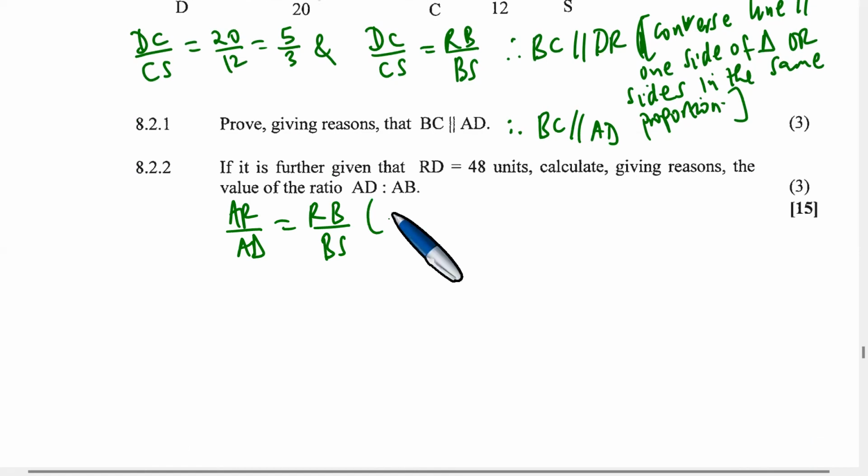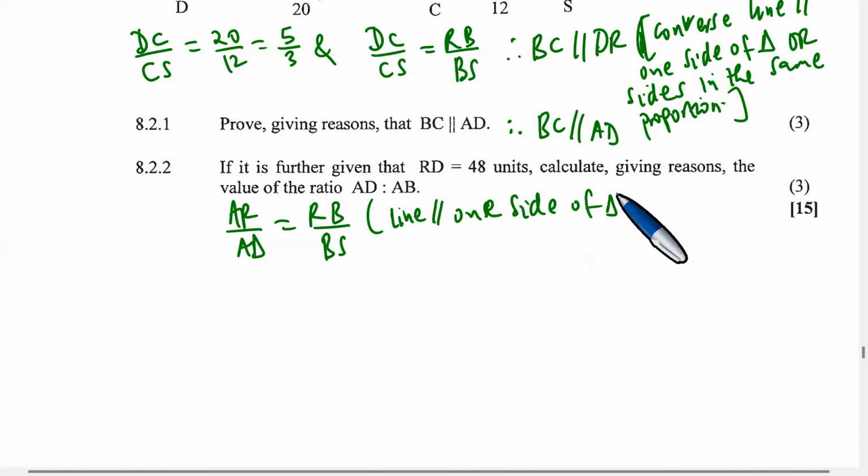The reason for this is that a line parallel to one side of a triangle divides the other two sides in the same proportion.